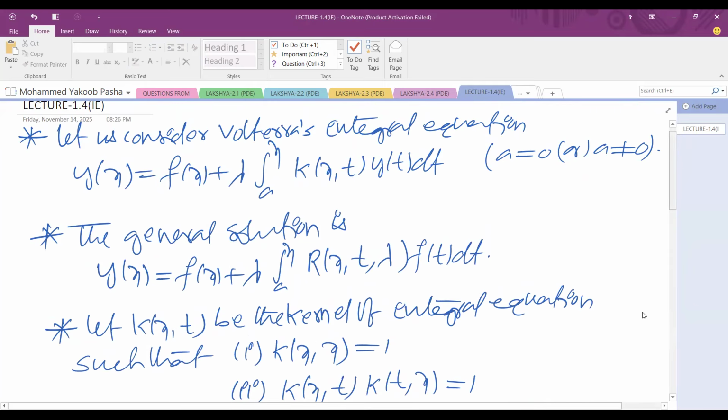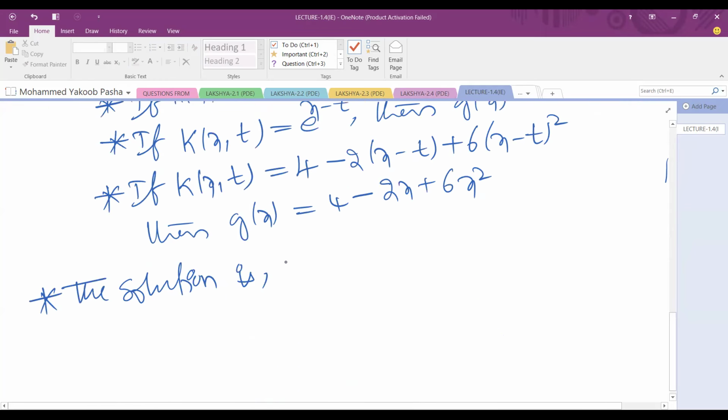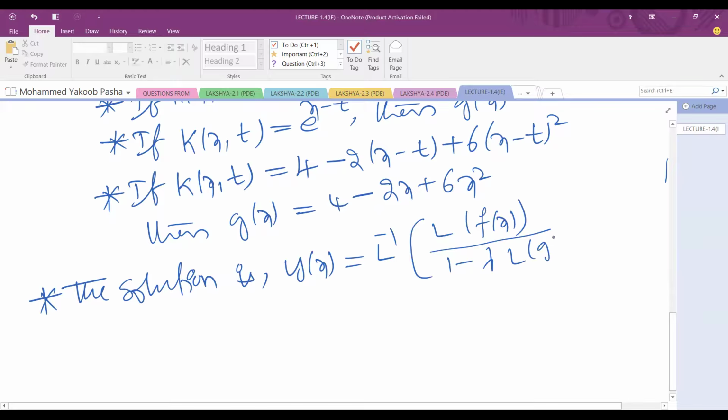How to find the solution? That is the simple thing. y of x is equal to inverse Laplace of Laplace of f of x divided by 1 minus lambda into Laplace of g of x. This is the formula to find the solution.